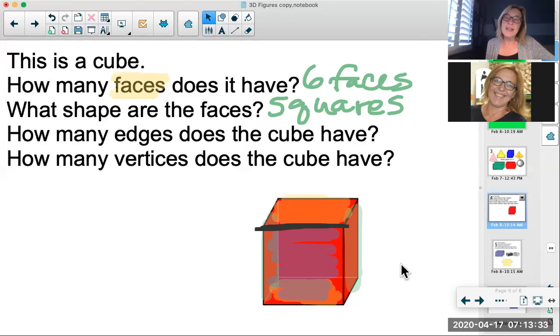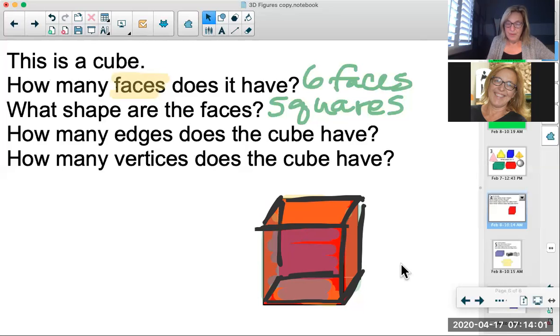So let's think a second about how many edges this cube would have. 1, 2, 3, 4 along the top, which means on the bottom there are also 4. 1, 2, 3, 4. So that's 8. And then we have along the sides. So that would be 12 edges.